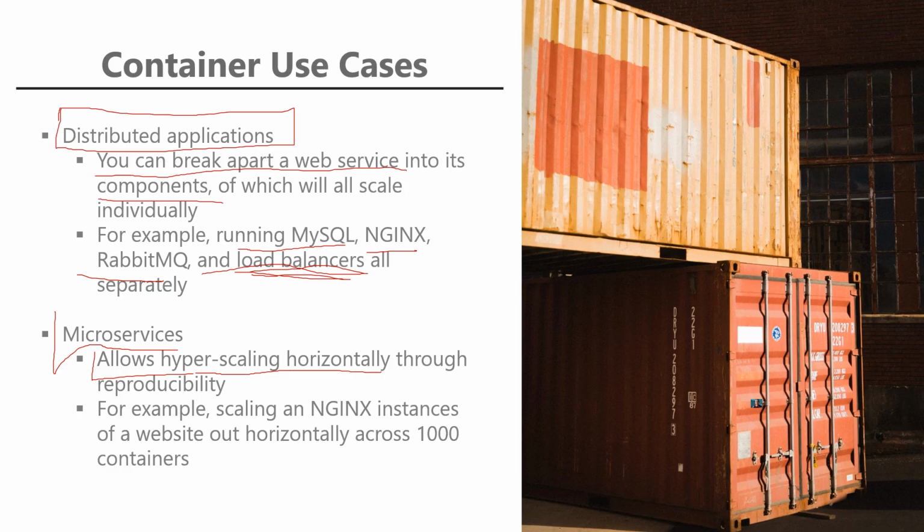One example: scaling Nginx instances of a website horizontally across 1,000 containers. And now you will see the benefit of being lightweight, small, when compared to VMs. All right.